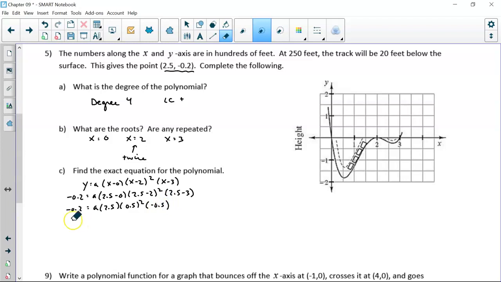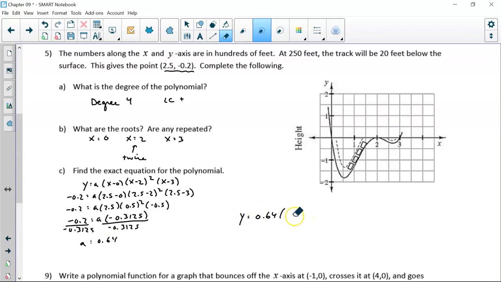And when you do, you get negative 0.2 equals a times negative 0.3125. Divide both sides by negative 0.3125. You get a equals 0.64.